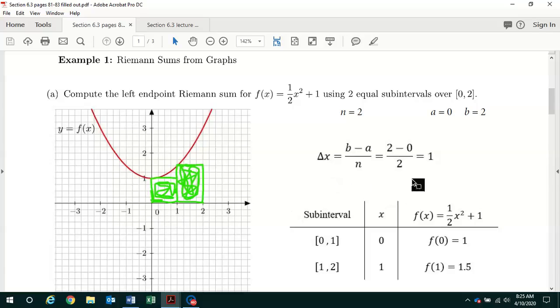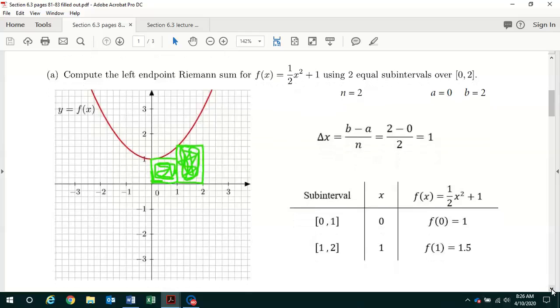Since each rectangle has a base of 1 unit, starting at x equals 0, the base of the first rectangle goes from 0 to 1, and the base of the second rectangle goes from 1 to 2. That's what this means here. The subinterval 0 to 1 is the base of the first rectangle, and the subinterval from 1 to 2 is the base of the second rectangle.